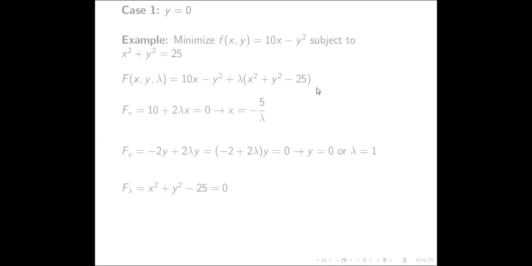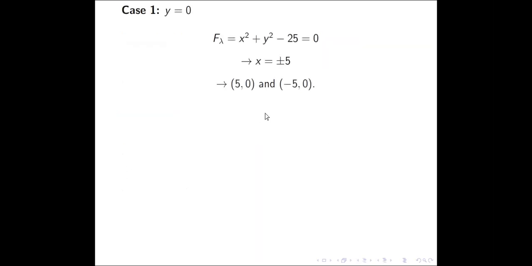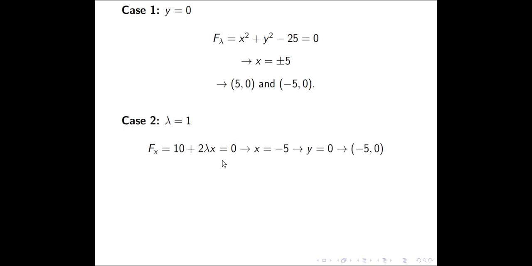Now, if you look back here, we consider the other case, lambda equals 1. What we will do is get x straight from this one. Since lambda is 1, we quickly get x equals negative 5. Case 2. So this was, again, the derivative. If x is negative 5, we'll get y equals 0.